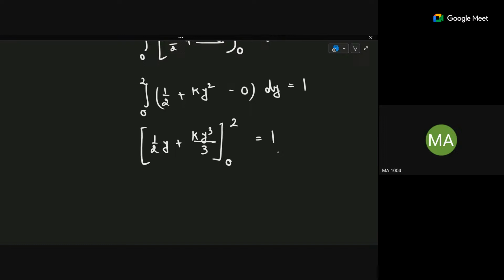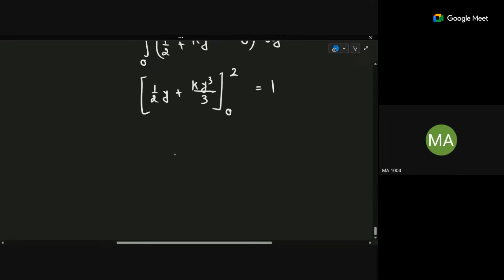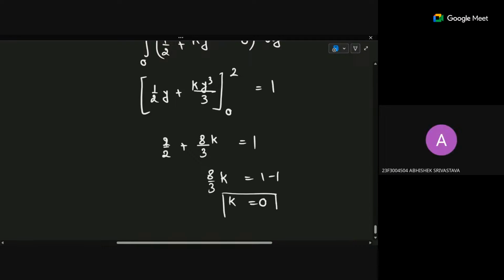So it is 2 by 2 plus 8 by 3 k is equal to 1, so k is 0. Yes, I got it right.